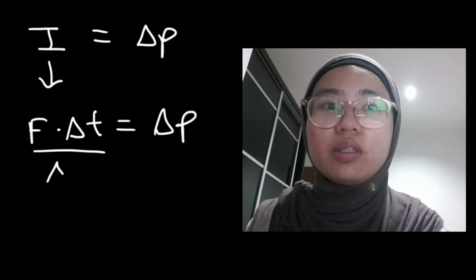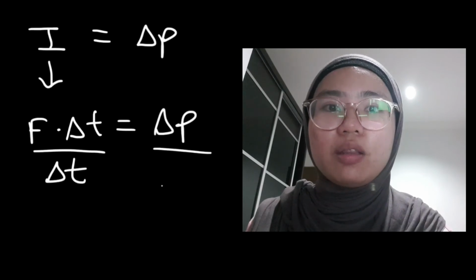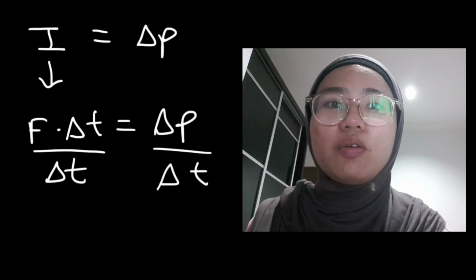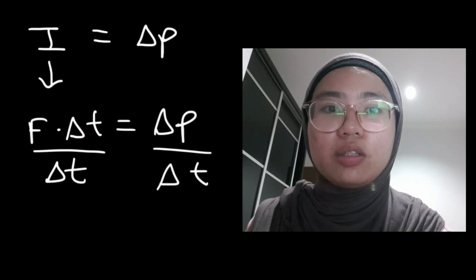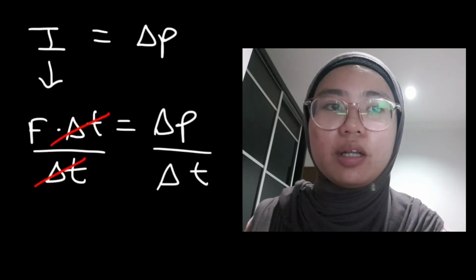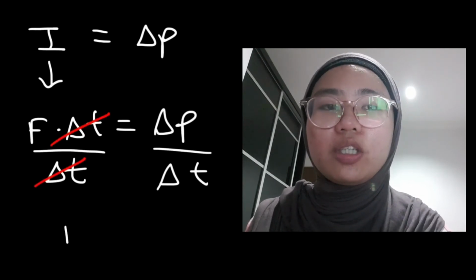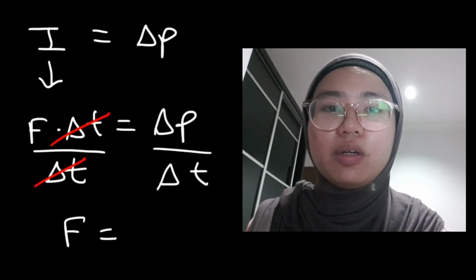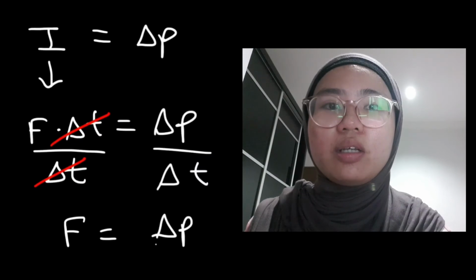So, a force is really the rate at which the momentum of the object changes. It's delta p over delta t, which is the change in momentum over the change in time interval. This is another way in which you can define a force in physics.